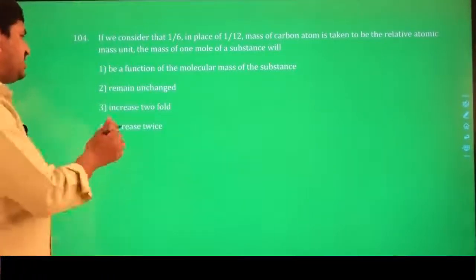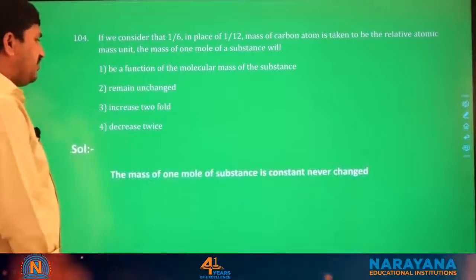That's why its value is always constant.